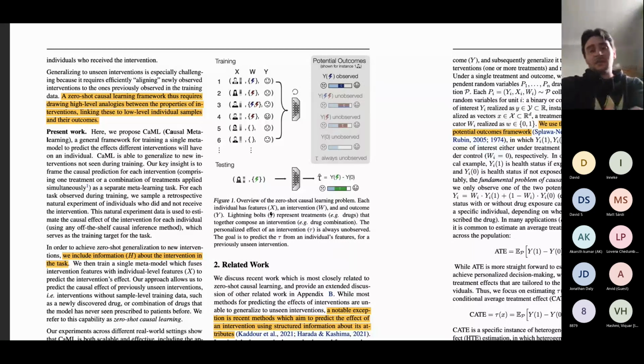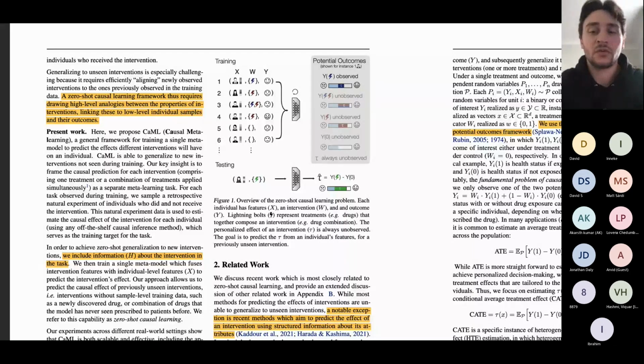So maybe you have a person who has a headache, and you have a new medicine that you want to use to reduce the symptoms of a headache. So you give them the medicine, and the impact is whether the headache had gone away or not within a couple hours. So yeah, you have these three variables, X, W, and Y.